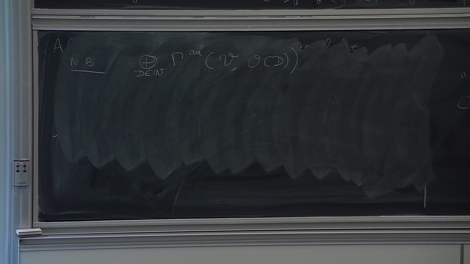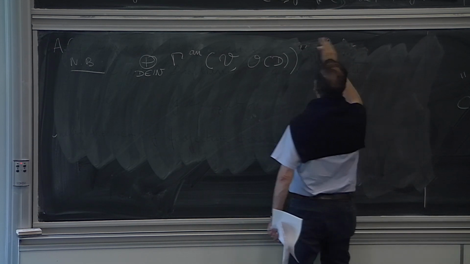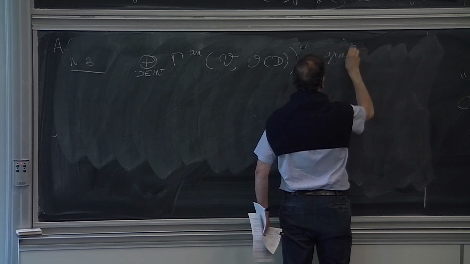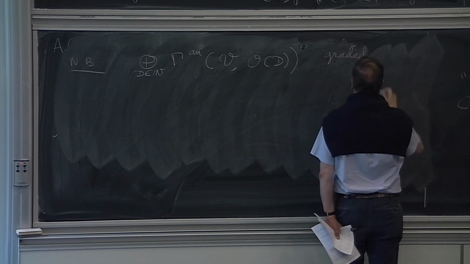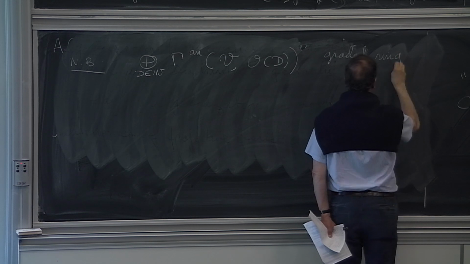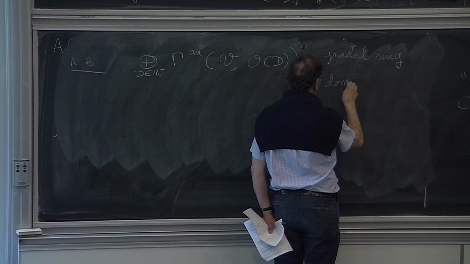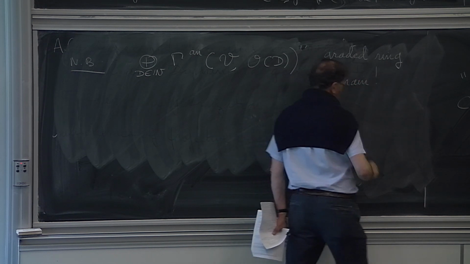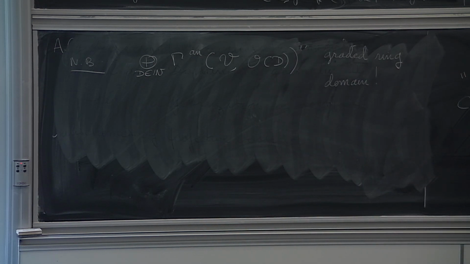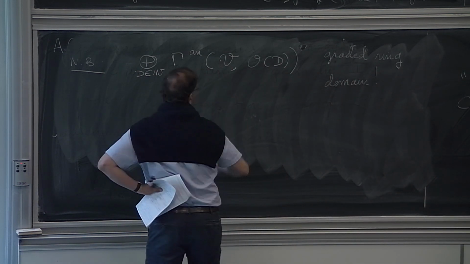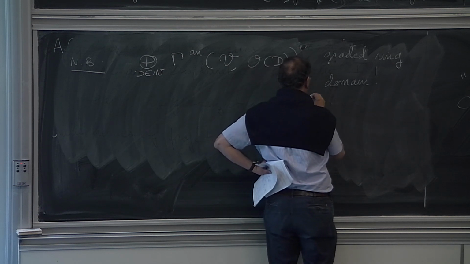So this direct sum has a natural structure of graded ring. And it is a domain, because the product of two elements of this ring vanishes if and only if one of them vanishes, and it's a direct consequence of the fact that V is connected, by analytic continuation.